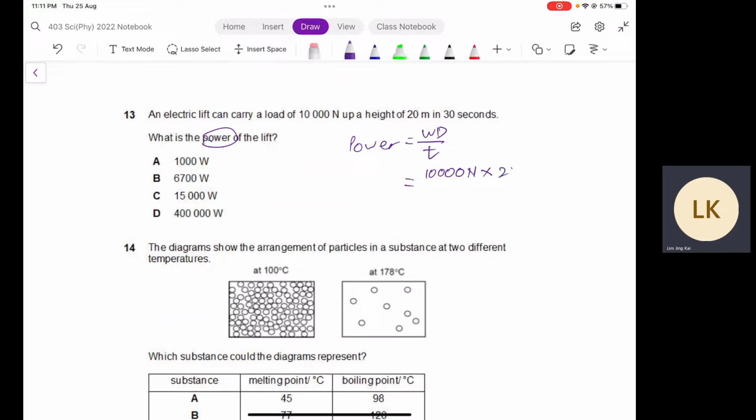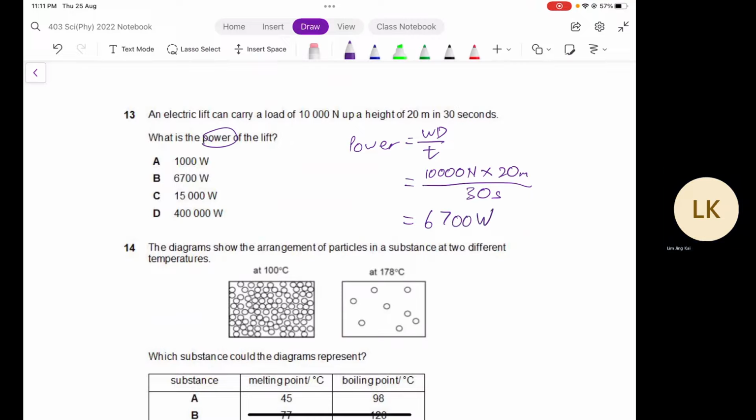The height, which is the distance here, is 20 meters. And divided by the time, 30 seconds. If you have done it correctly, you should be able to get the answer as this value, 6,700, which means the answer is B.